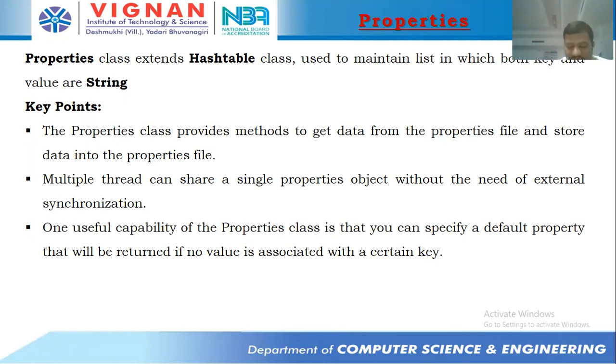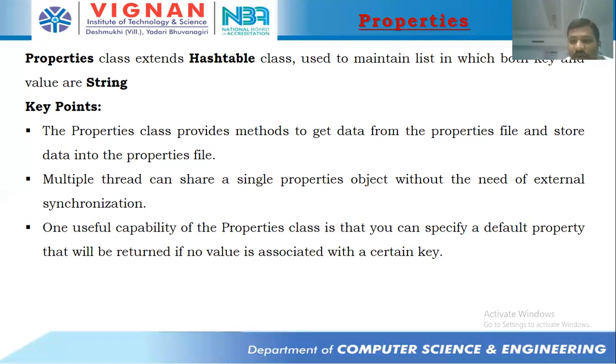So generally we'll be using this kind of thing in web applications. In those web applications, whenever you want to establish a connection from your Java application to a database, we will be taking the database credentials from a particular file, and sometimes that file can be called a properties file, for example db.properties.